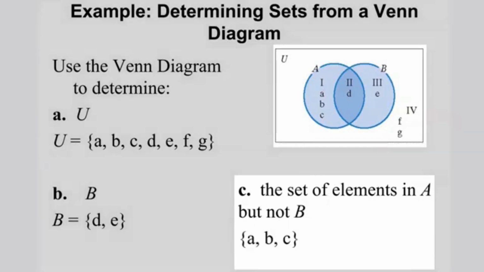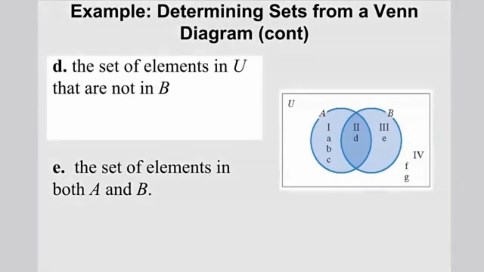Now, what about the elements in the universal set that are not in B? We are actually referring to the region outside of B. Outside of B are regions 1 and 4. If you look at it, it is actually this region here.